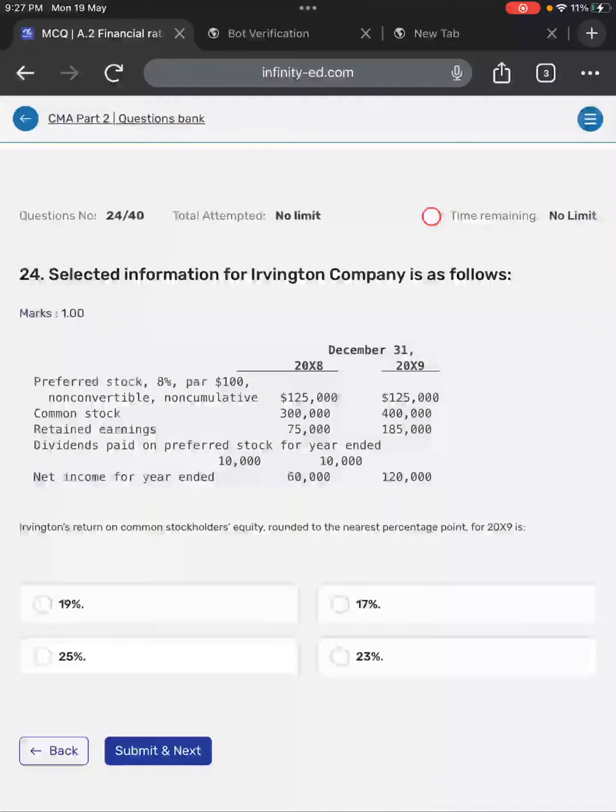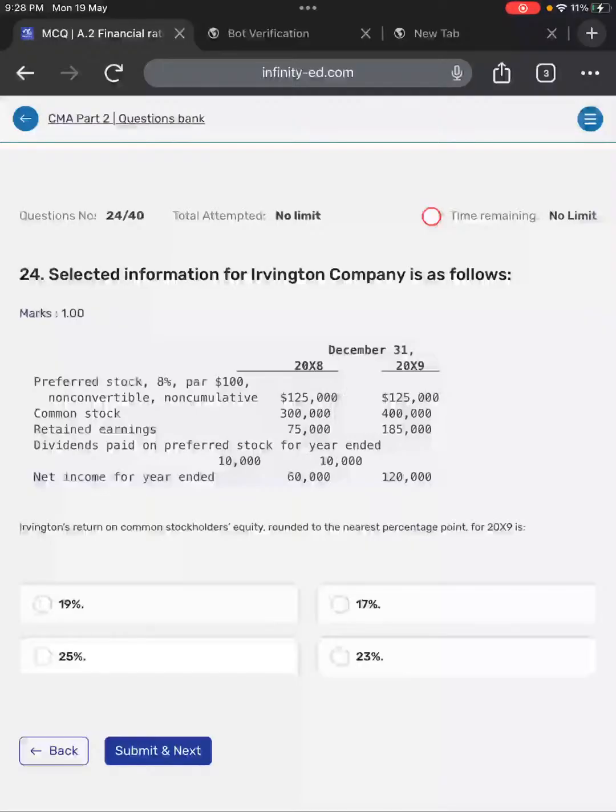What will be the total outstanding shares? Common stock is given. 3 lakh opening, closing 4 lakh, plus 7 lakh, plus retained earnings 75,000, 185,000, divided by 2 comes to 4,80,000 average.